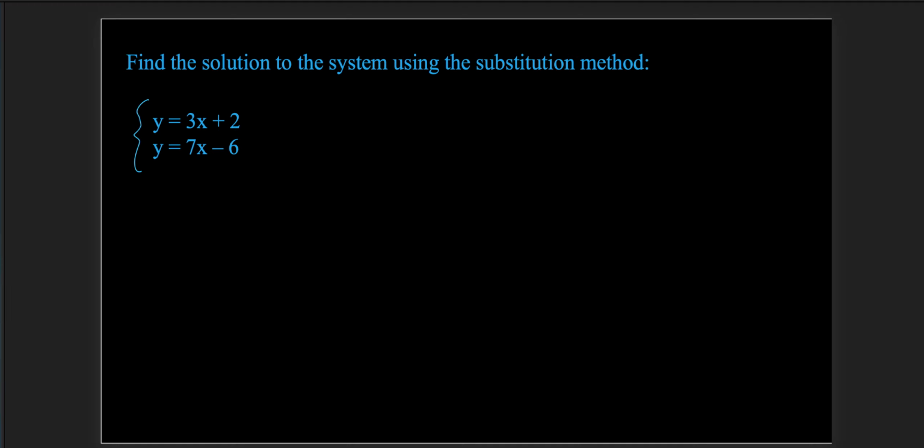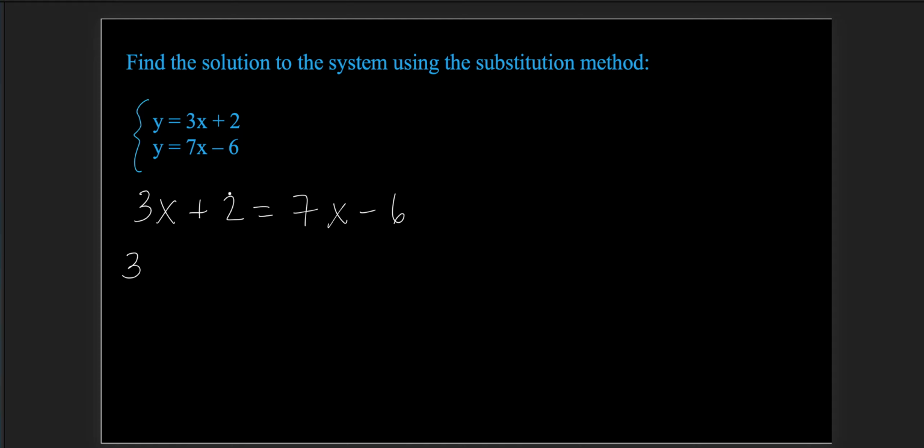Next, we're going to find the solution to the system using the substitution method again for this system. So both of them are solved for y. So since both of them equal y, we can actually just set them equal to each other because they're both equal to the same thing. So we set them equal to each other, and then we work to solve for x.